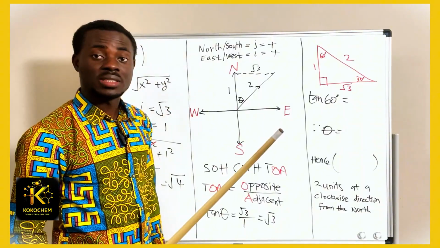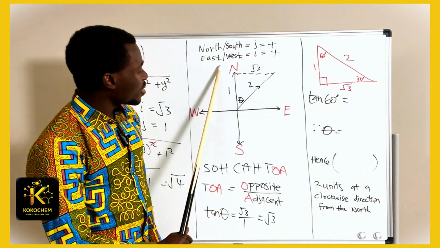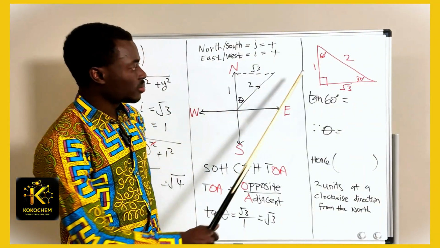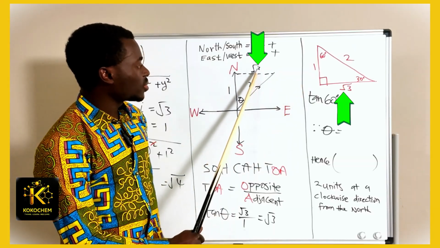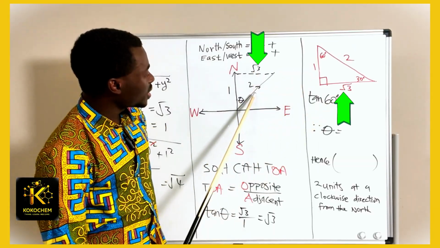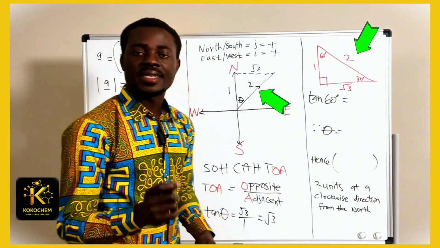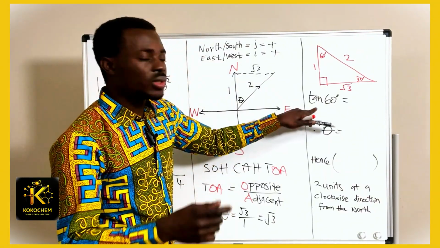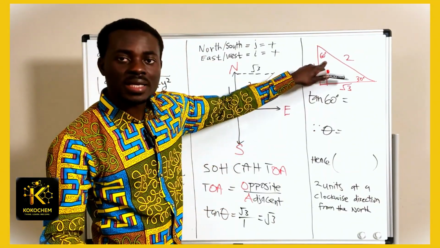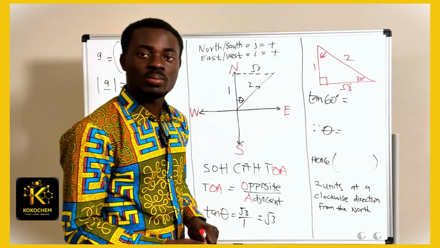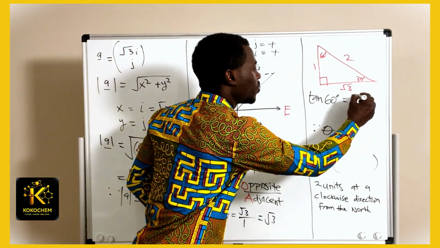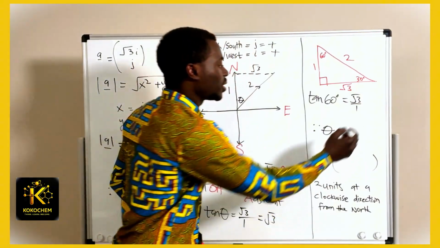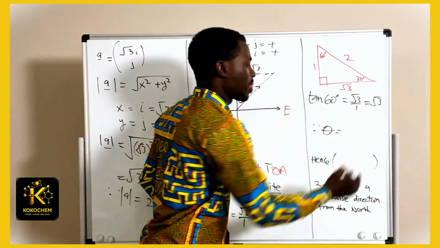In our question the vertical axis is 1, the horizontal axis is root 3, and the hypotenuse is 2. In the right angle triangle, tan 60 is opposite over adjacent, which gives root 3.